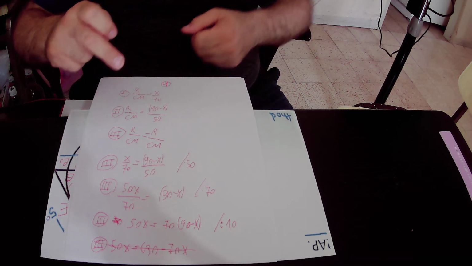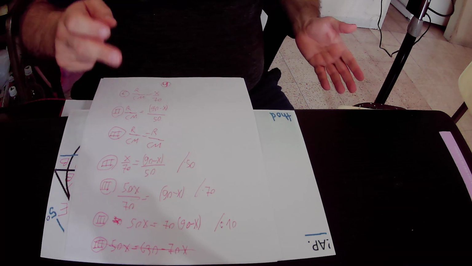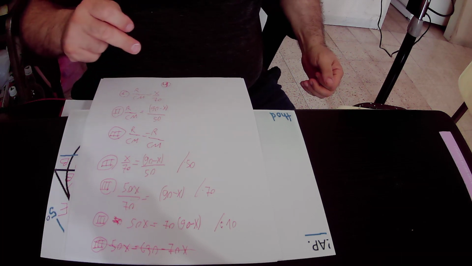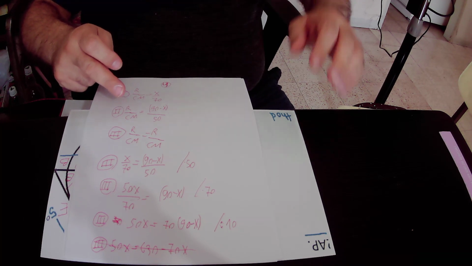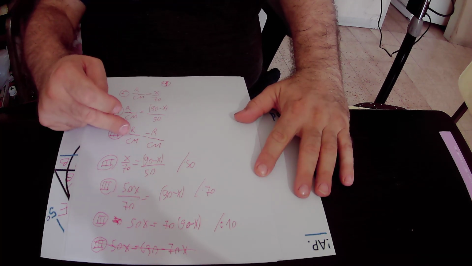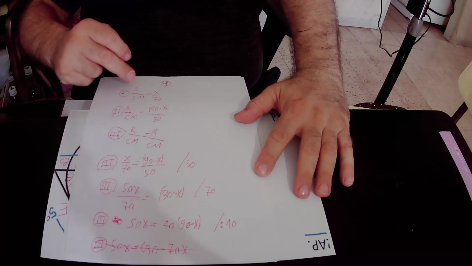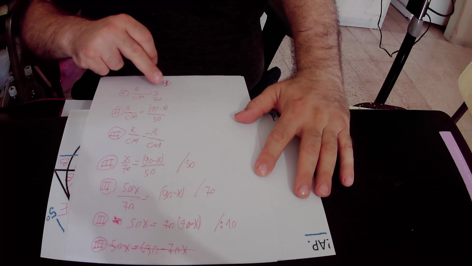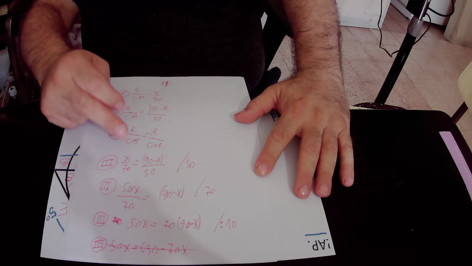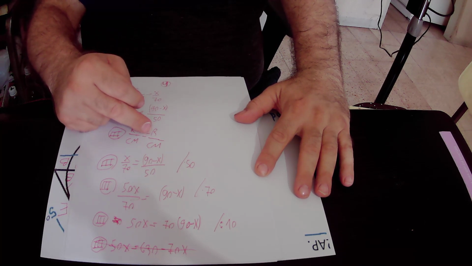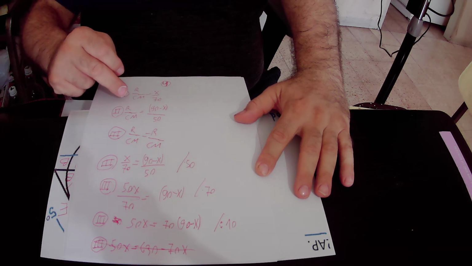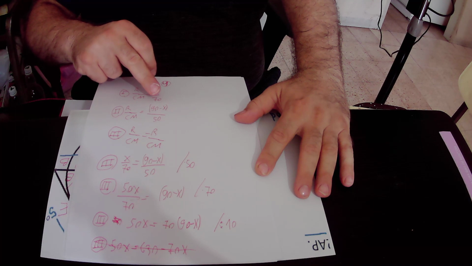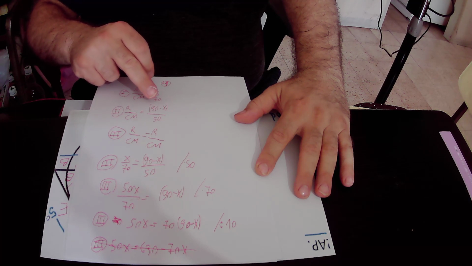So we created the third equation, which states that R over CM equals R over CM, and we substituted the expression R over CM on one side by the value from the first equation, that is X over 70, and on the other side by the value from the second equation, that is (90 minus X) over 50.